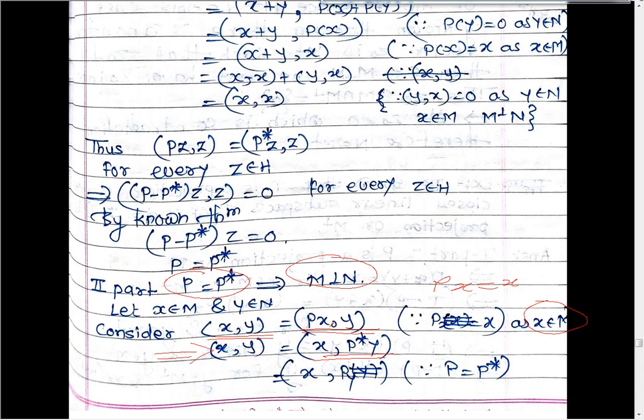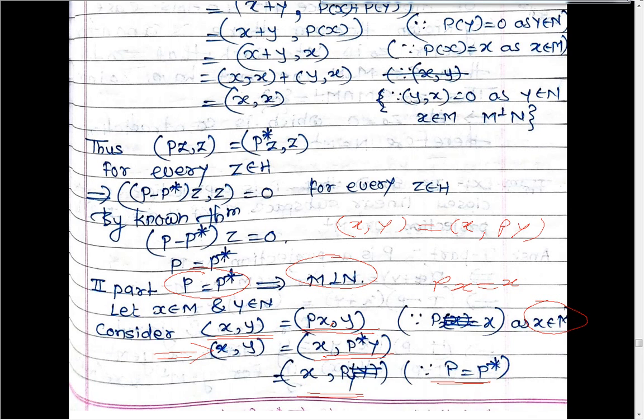So thus, and since P is equal to P star, we can write this as equal to the inner product of x and Py. So we proved that the inner product of x and y equals the inner product of x and Py.